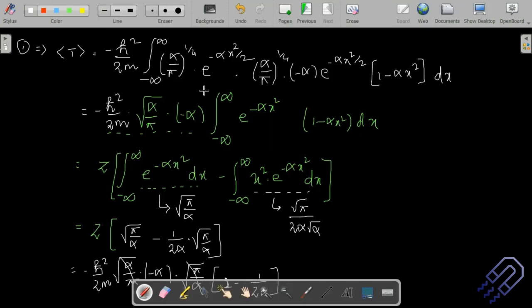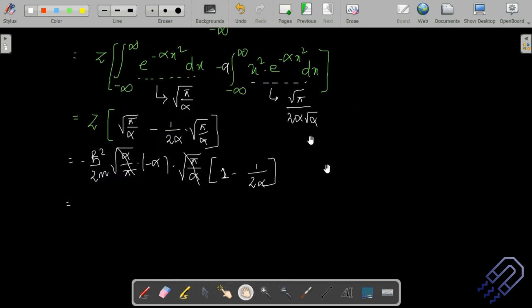Yeah. So when we actually took this term, we separated it out. This is e to the power minus alpha x square, fine. Minus x square e to the power minus alpha x square is fine, but there is a minus alpha here. So we do have an alpha outside. This is something which we missed. So that means if we take it, we will basically have an alpha here as well.